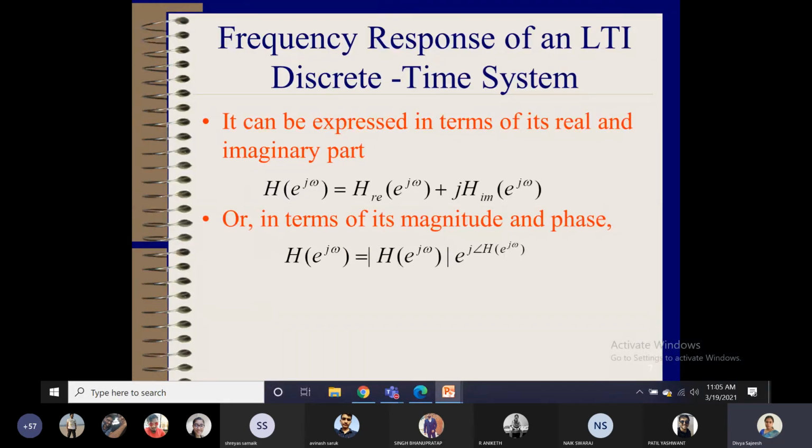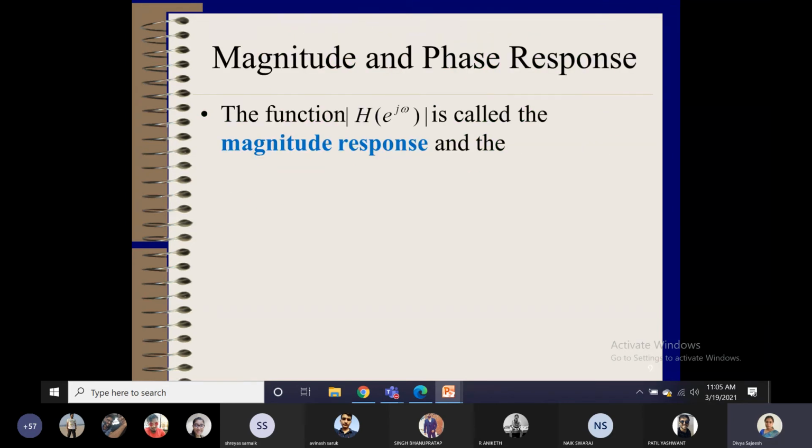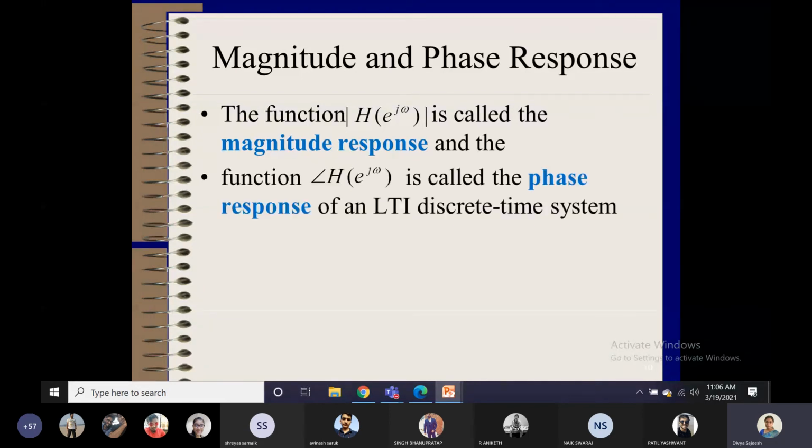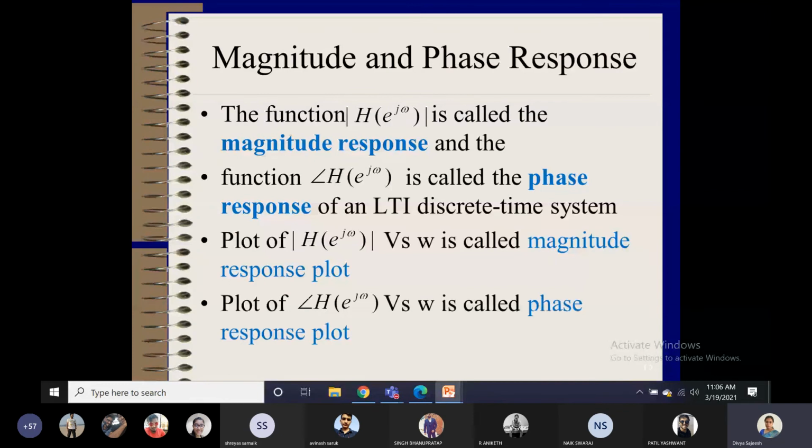The magnitude is obtained by taking the square root of real part square plus imaginary part square, and the phase is obtained by tan inverse of imaginary by real. So magnitude response and phase response together give you the frequency response of linear time invariant systems. We can plot the magnitude and the phase separately to study the frequency response of the system.